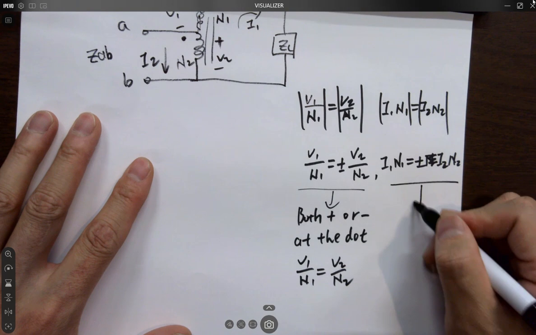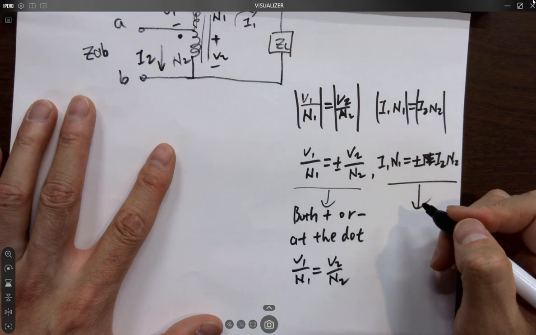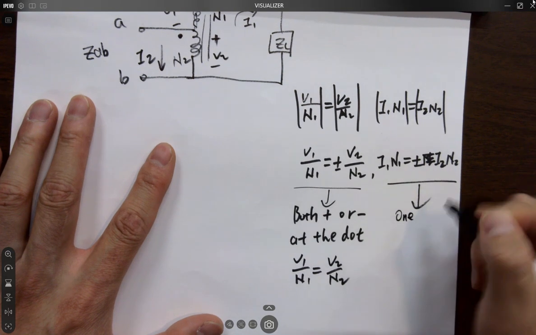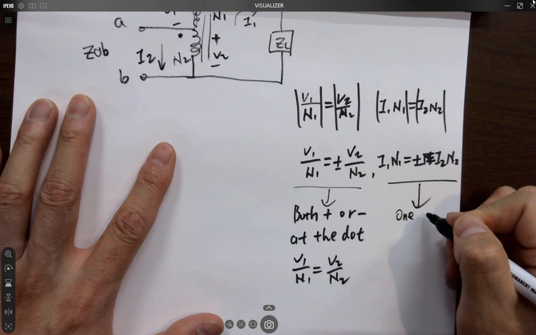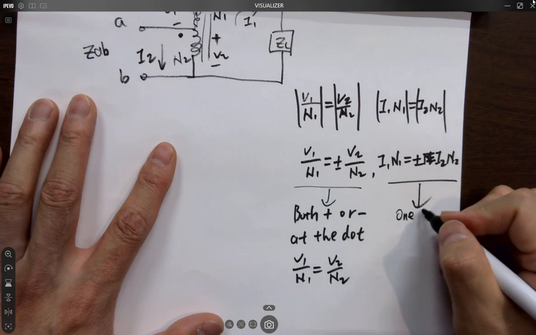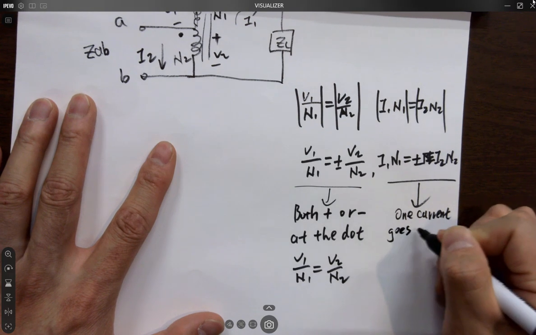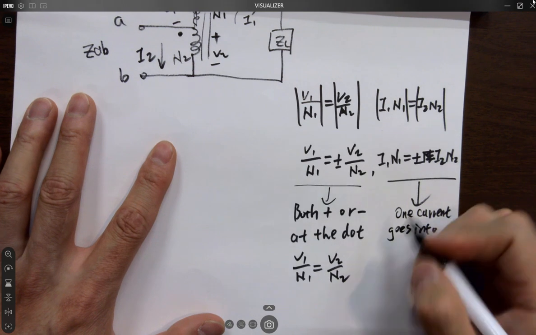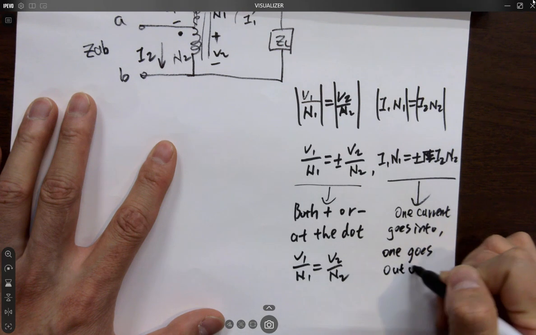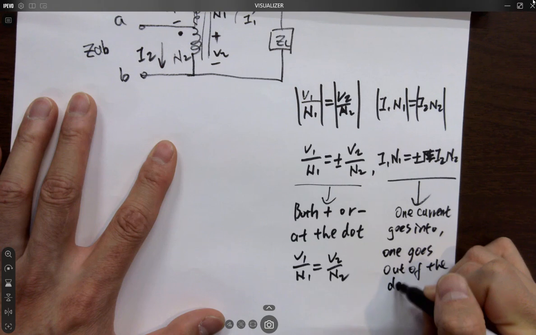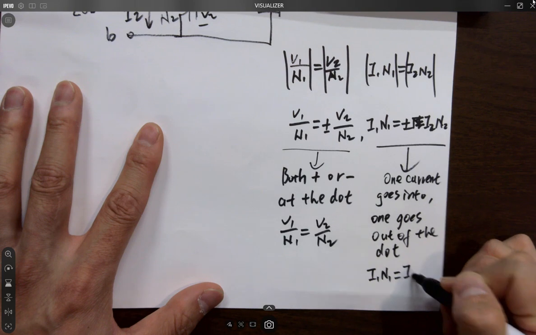But for the current, it's opposite. If one current comes into the dot and one goes out of the dot, then it's I1 N1 equals I2 N2.